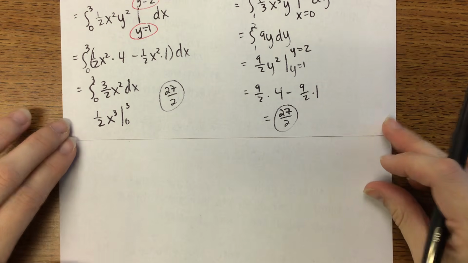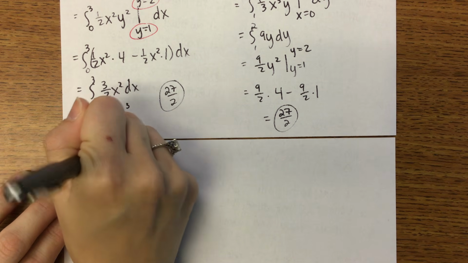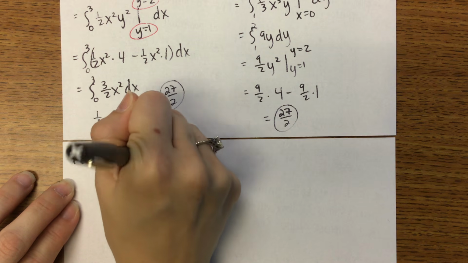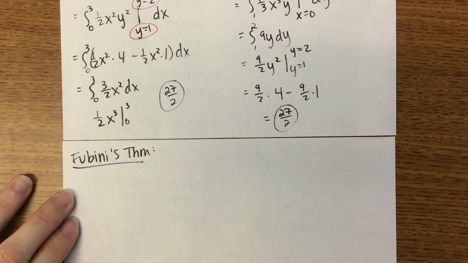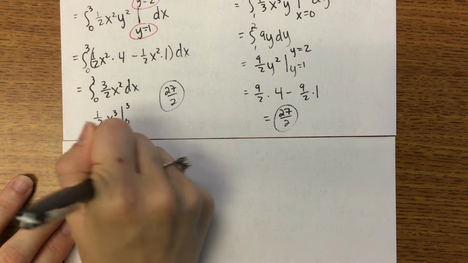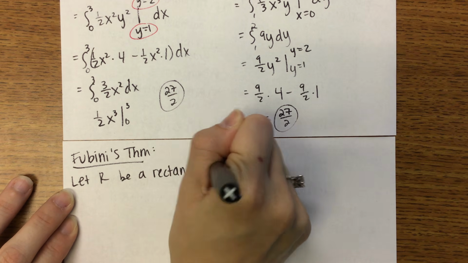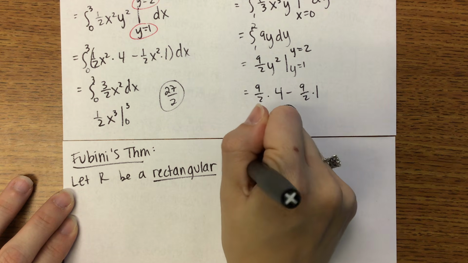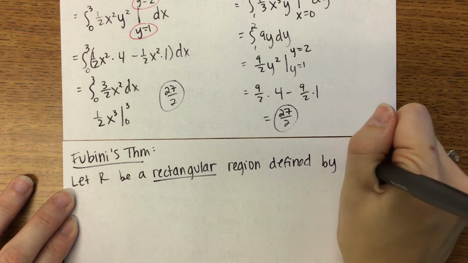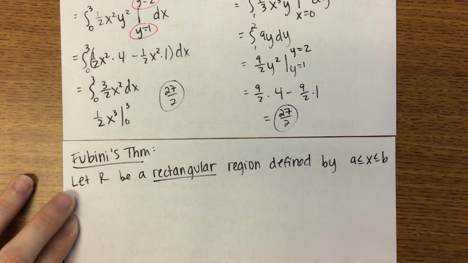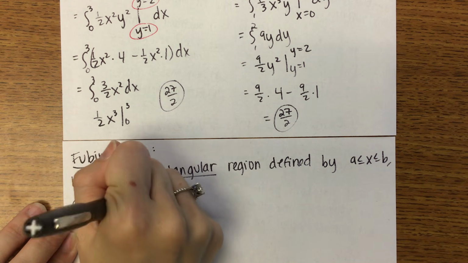Okay, so the theorem that's going to tell us when we can just flip x and y is called Fubini's theorem. The theorem says, let R be a rectangular region defined by x is between a and b, y is between c and d.